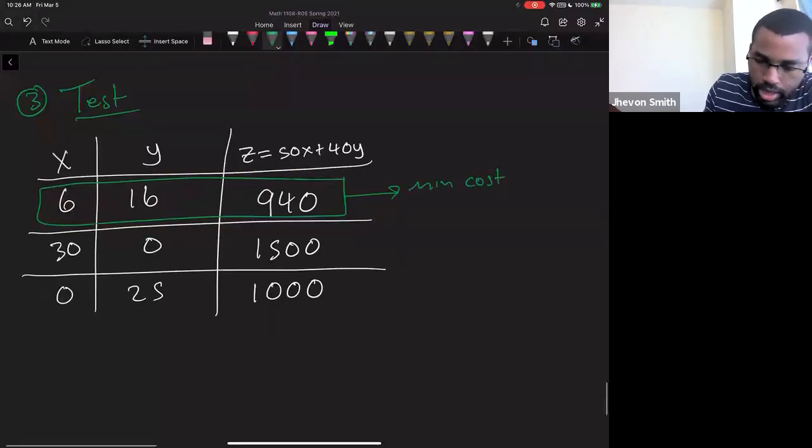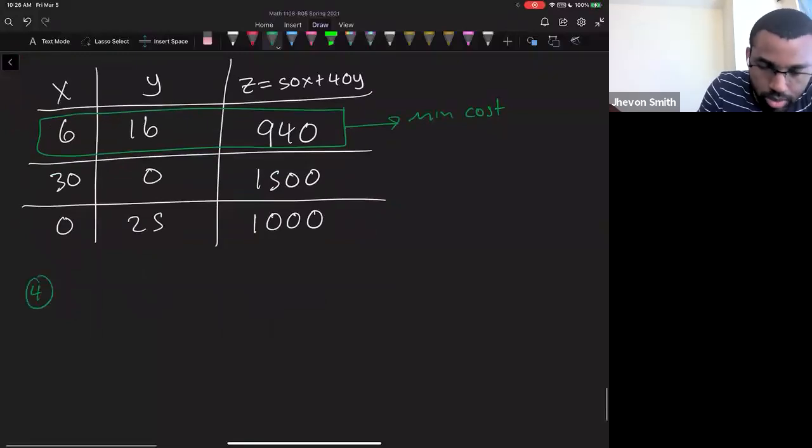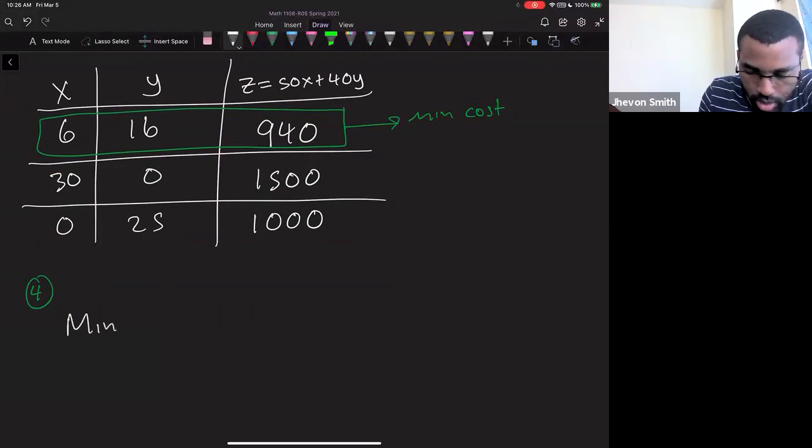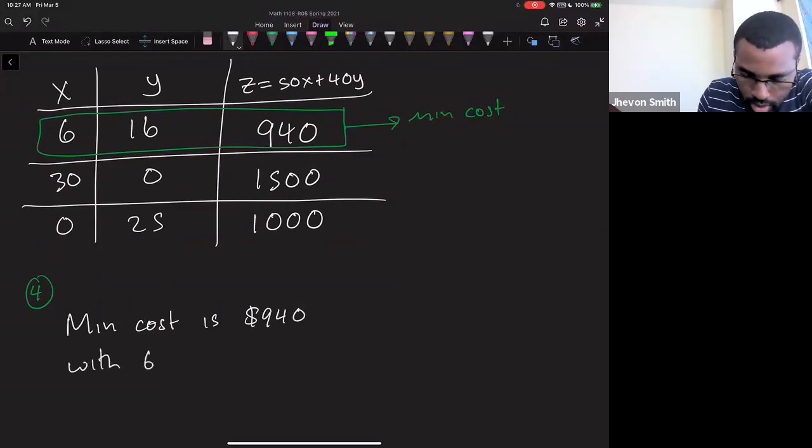And so now that's the answer. The min cost is 940 with 6 units of A and 16 units of B.